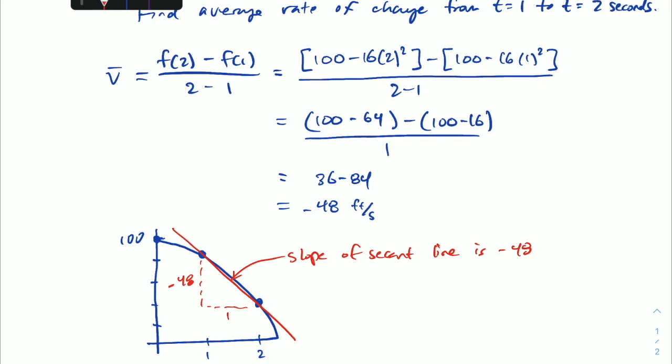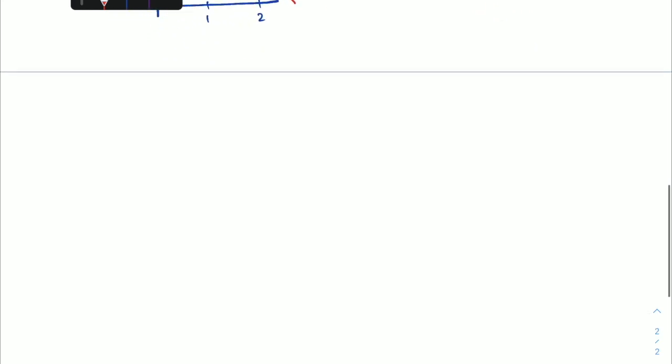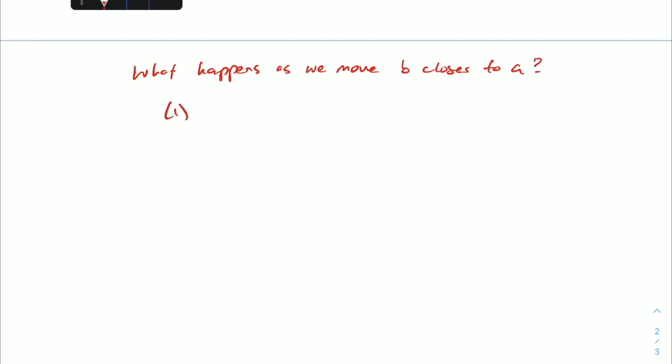Okay, so now we're going to consider this function 100 minus 16t squared, and we're going to find the average rate of change over some smaller intervals. So in particular, we're going to ask the question, what happens as we move B closer to A? Okay, so let's do 2 more calculations.